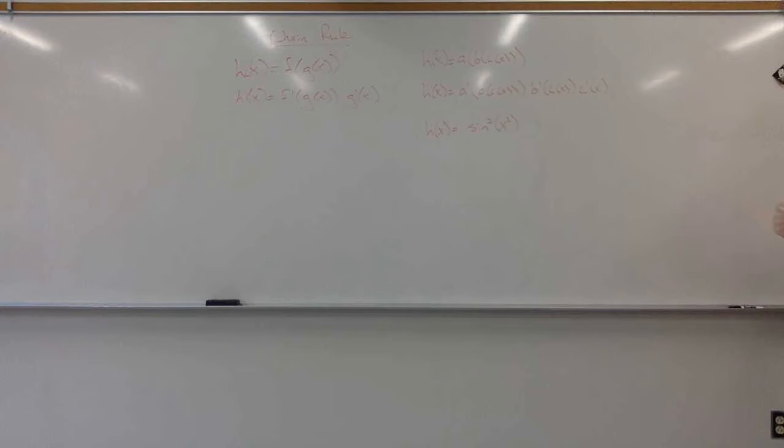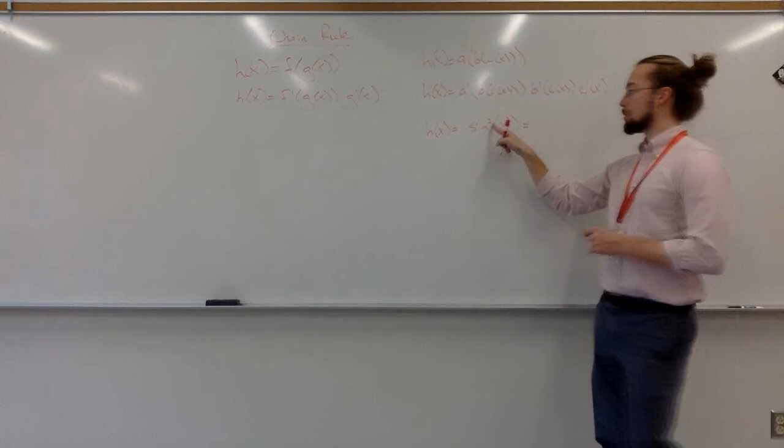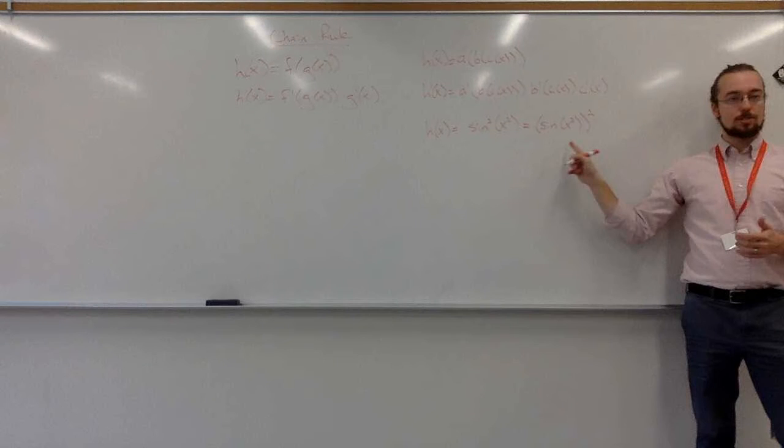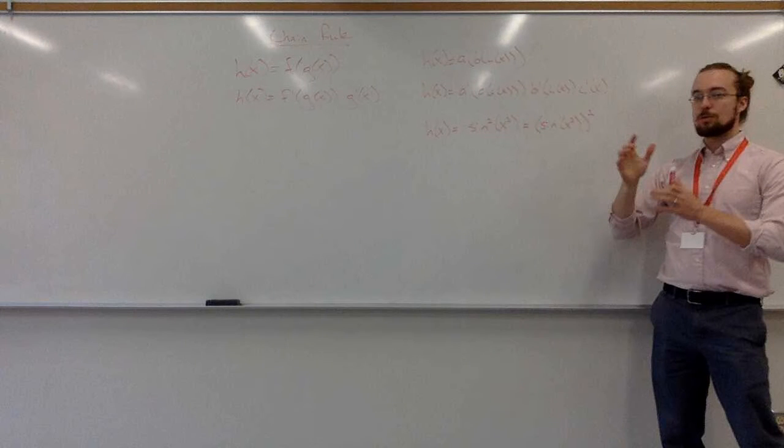So whenever we have a trig function raised to a power, when we want to take the derivative, I want you to rewrite it like this. These two things mean the same thing. I just moved the square outside of the sine function like that. This is how we generally write it, but if we write it like this, it's going to be a lot easier to see the layers of my function.